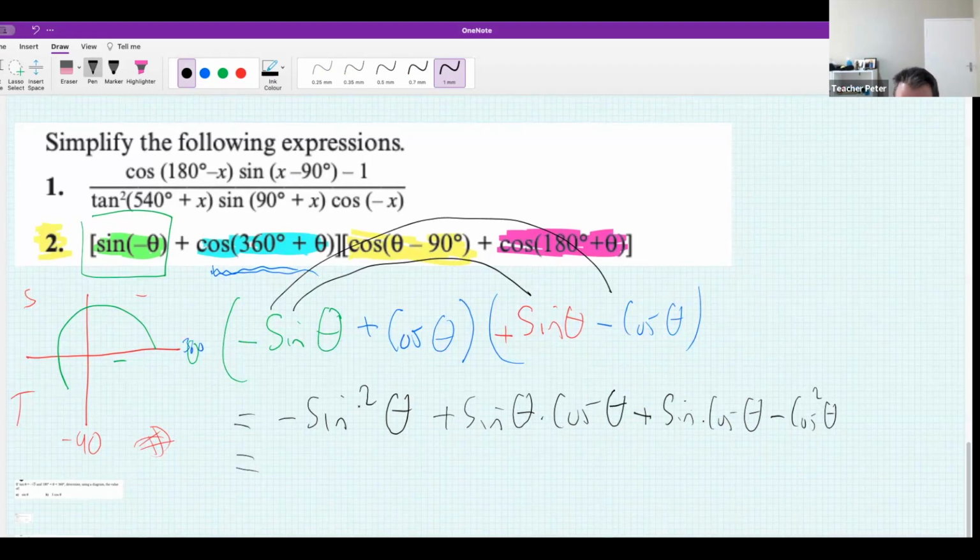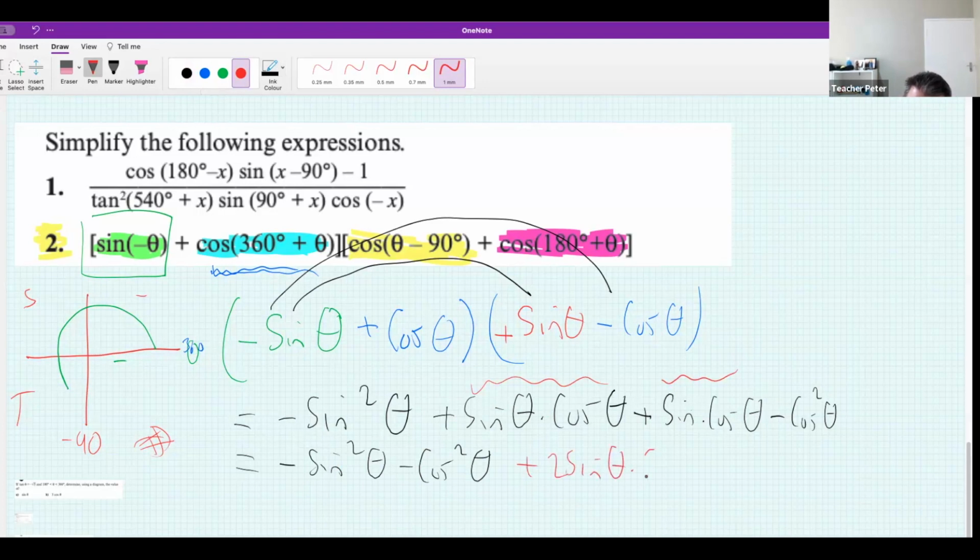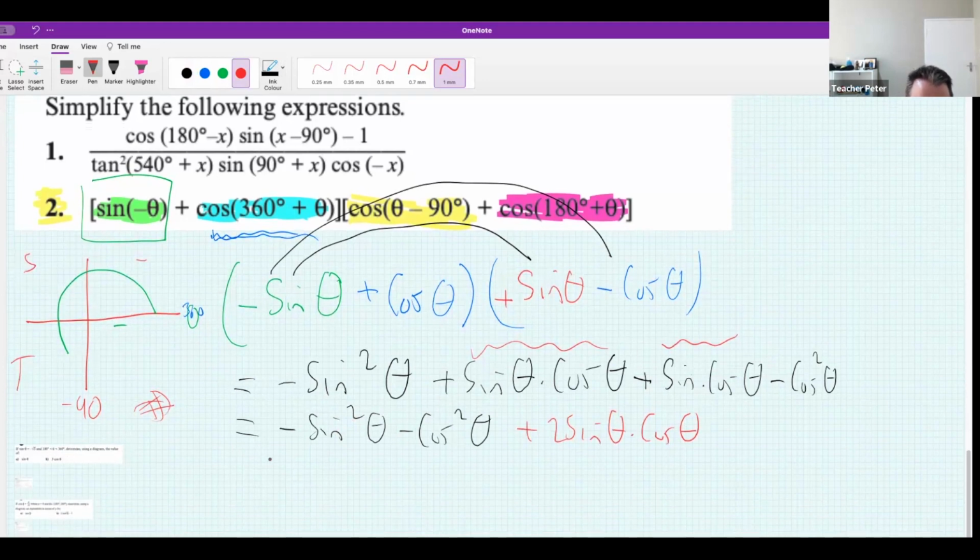All right. So what we are then going to have, okay, this is actually another tricky one, but if I take minus sine squared theta minus cos squared theta, and then I take this bit, there's two of these, so I get 2 sine theta cos theta, and this bit over here, okay, this is, again, I'm going to pull some ninja tricks here.